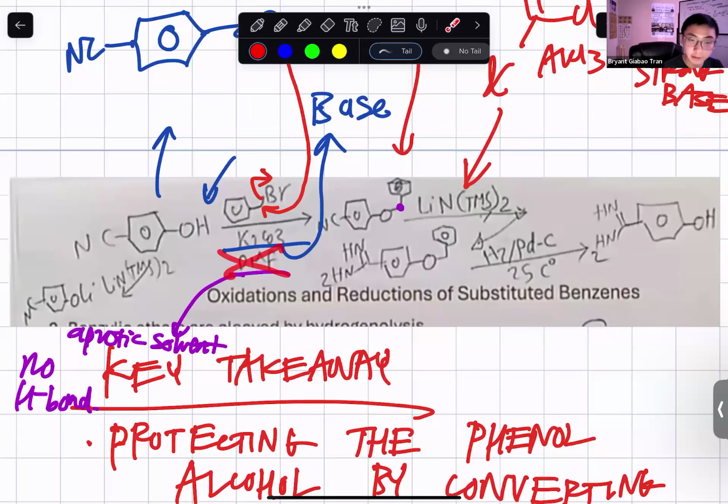It will not interfere. It's just there to facilitate the SN2 reaction. Right. The K2CO3 is a base that would deprotonate the alcohol to create the nucleophile. And then once you have the nucleophile, we're going to do an SN2 reaction with that group with the good leaving group. And DMF is just an aprotic solvent that allows that to happen. It will not do anything in the mechanism.